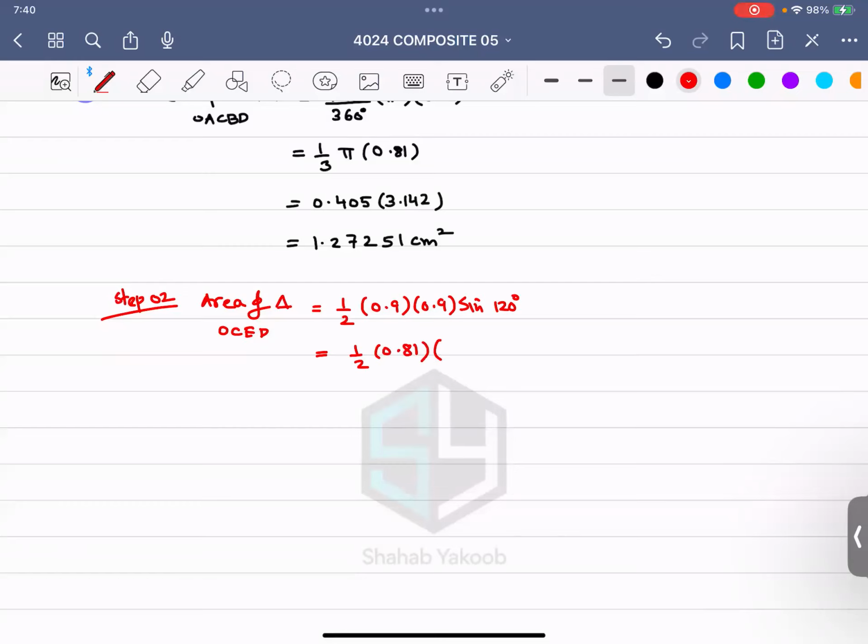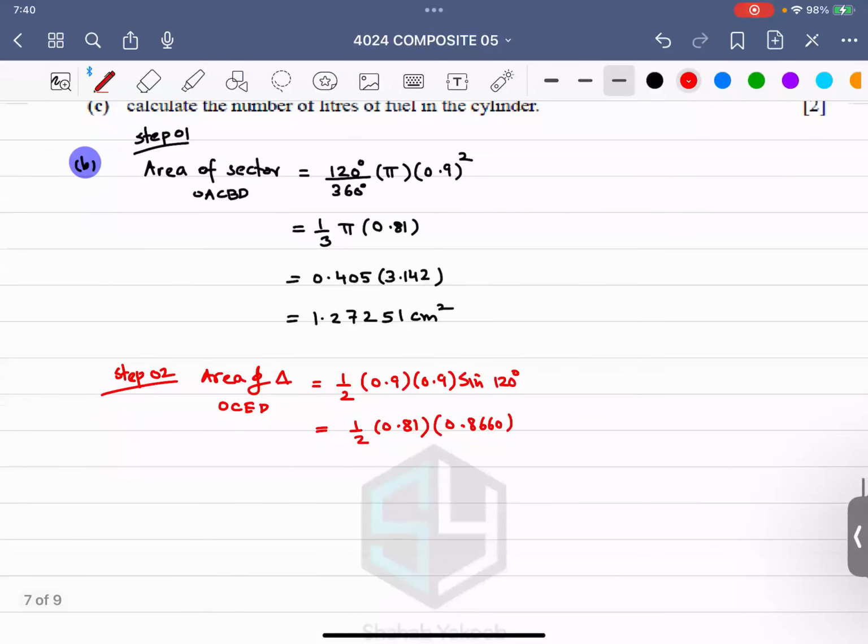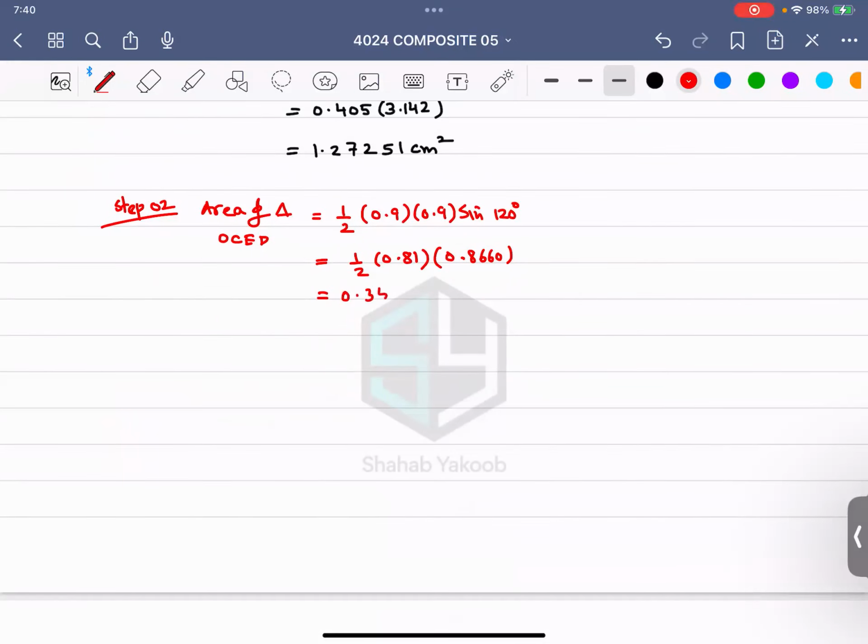Sine of 120 degrees, that is 0.8660. So let's multiply 0.8660 into 0.5 into 0.9 into 0.9. This comes out to be 0.35073.